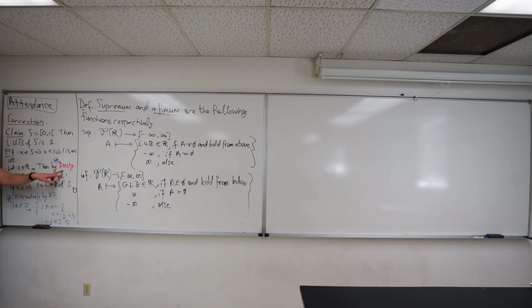The correction is this: instead of Archimedean property, I should have said density of rationals, because that's technically what we used. Again, remember, density of rationals is another one of these axioms that we can just take for granted that govern numbers. By density of rationals, there's some rational number Q that is strictly between 1 minus epsilon and 1.